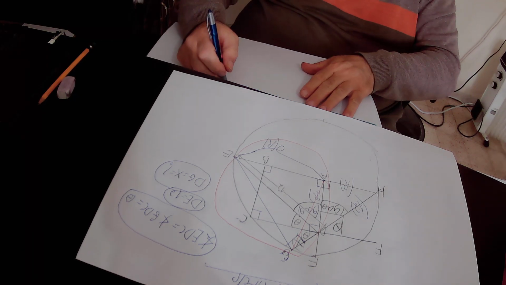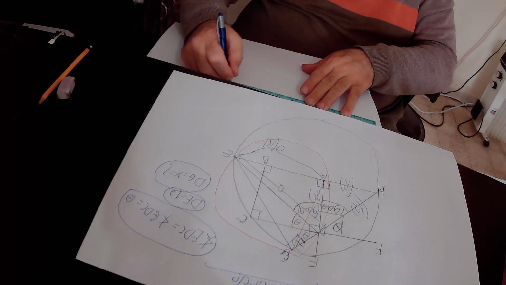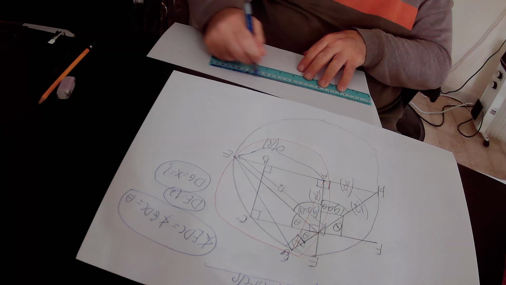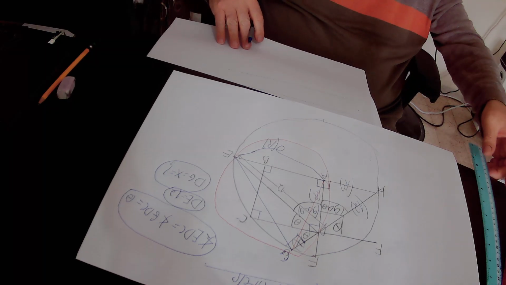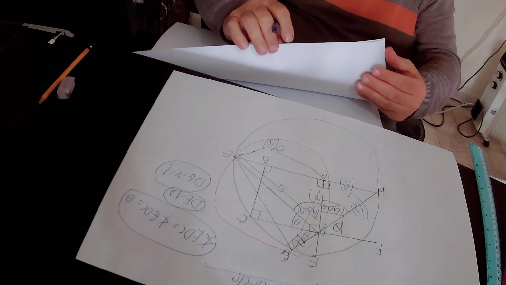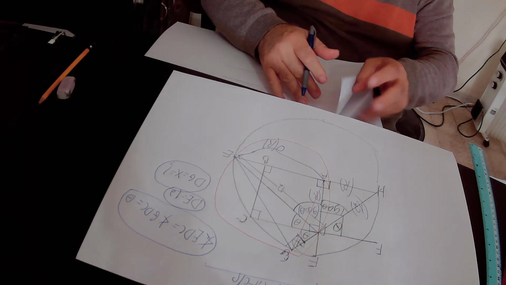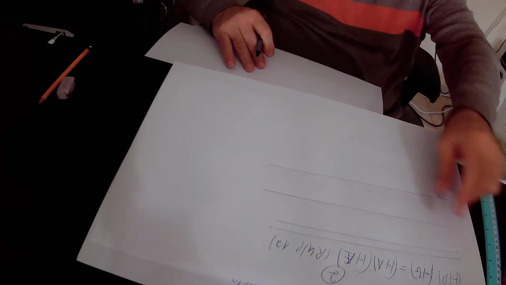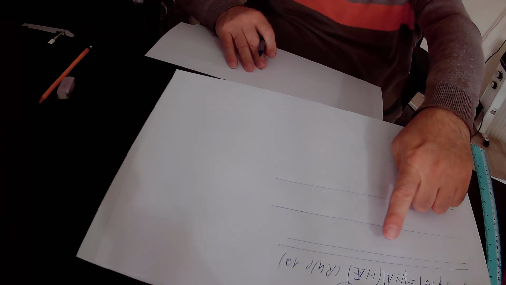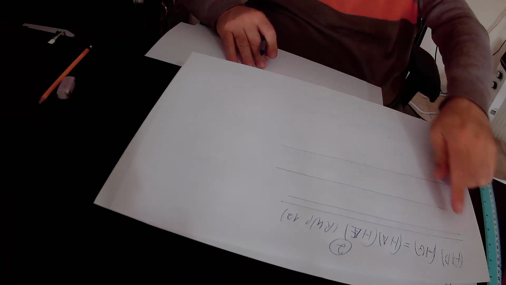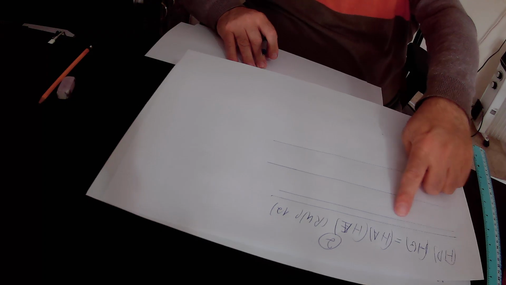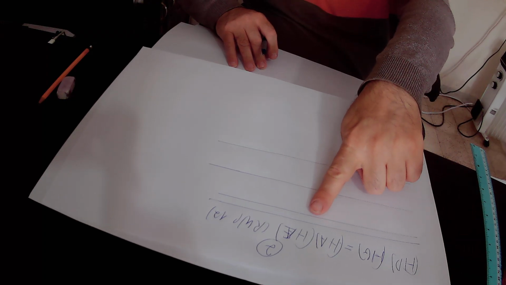In our drawing, the following equation will be true according to rule 12: HD times HG equals HA times HE.